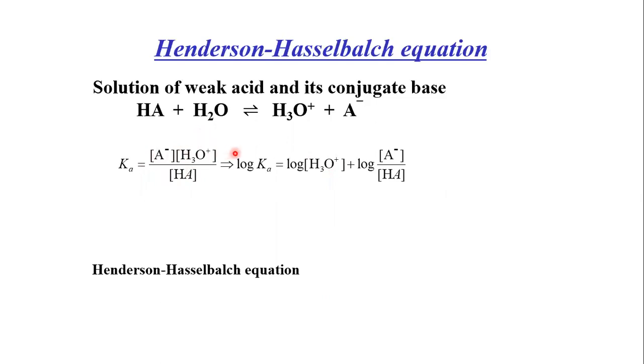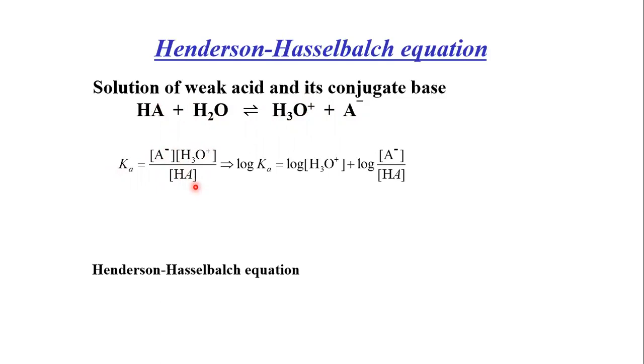Well, this is very simple. I could have even done it at the beginning, but because we don't use it until we get into buffers a lot, I prefer to discuss it at the buffer stage. Nonetheless, okay. If I have an acid, HA with water becomes H3O plus and A minus, you all know that the Ka of such an acid will be A minus H3O plus with HA in the denominator, where the concentrations here are the concentrations at equilibrium, right?